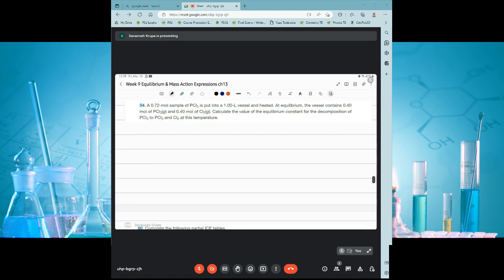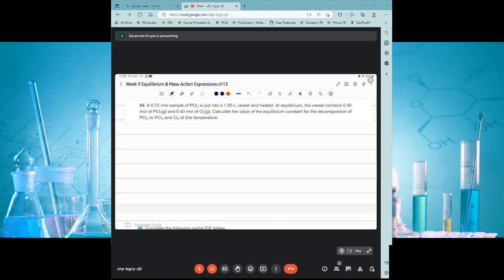So 54 says a 0.72 mole sample of PCl5 is put into a 1 liter vessel and heated. At equilibrium, the vessel contains 0.40 mole of PCl3 and 0.4 mole of Cl2.